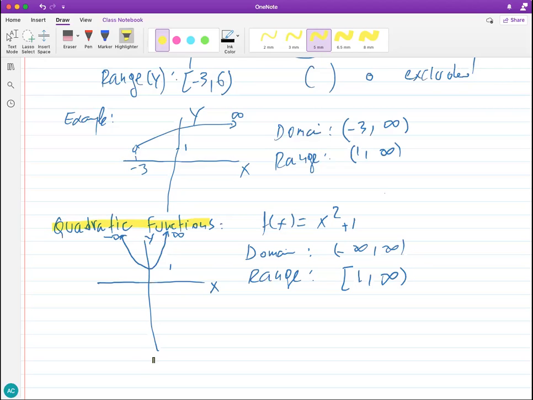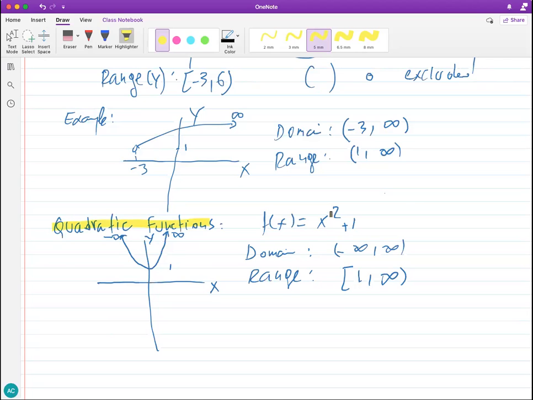It may be facing down, like we said last time. If it faces down, for example, if the graph was going like this, down, then you would put in negative infinity on the left side. So negative infinity to 1 if it was facing down. If it faces up, 1 to positive infinity. But the domain will always be this.